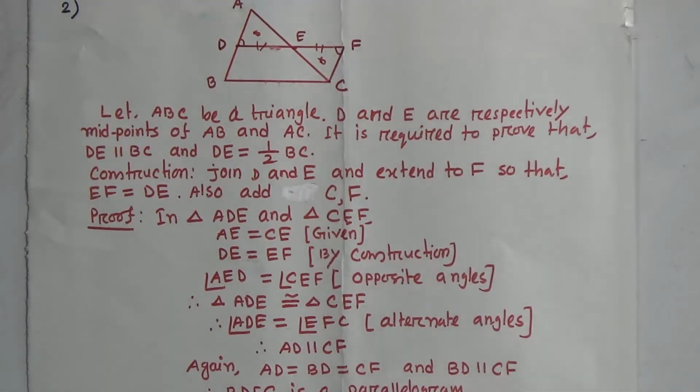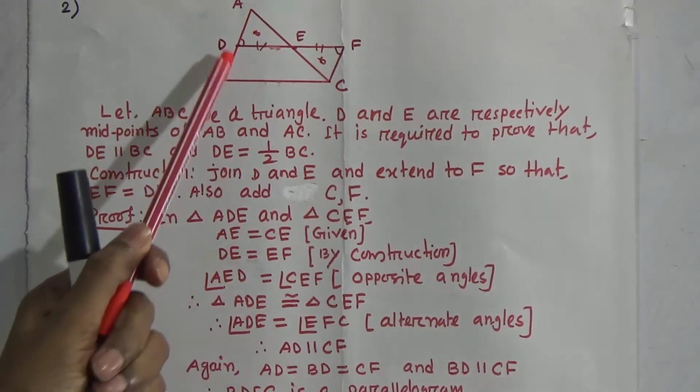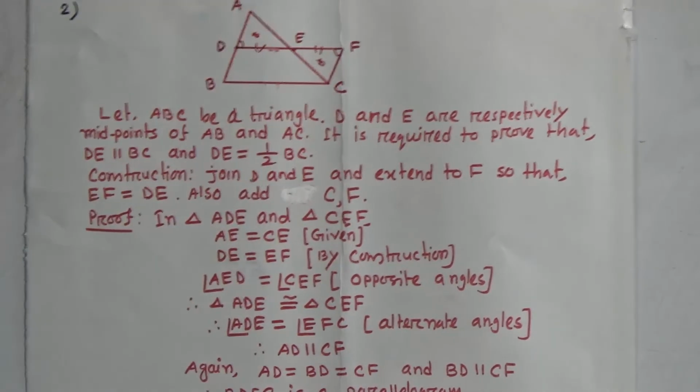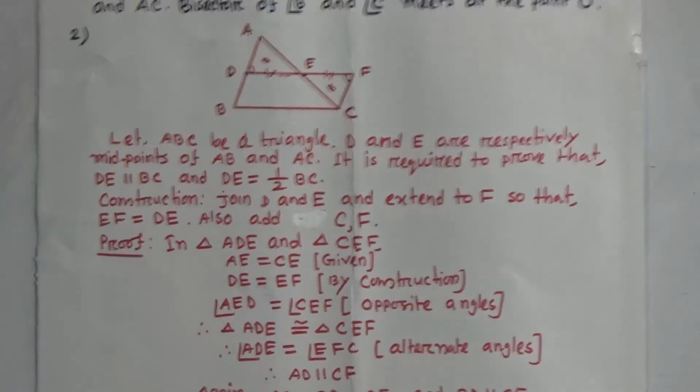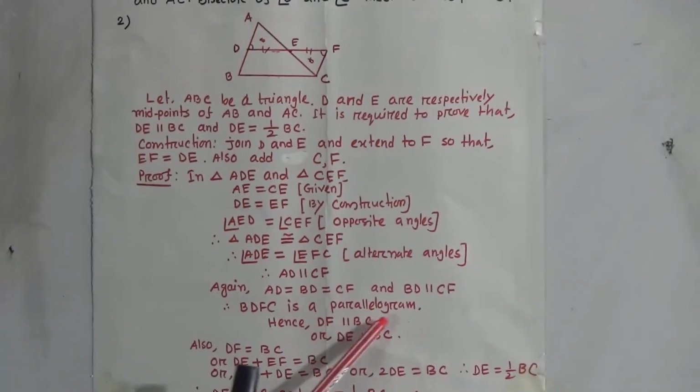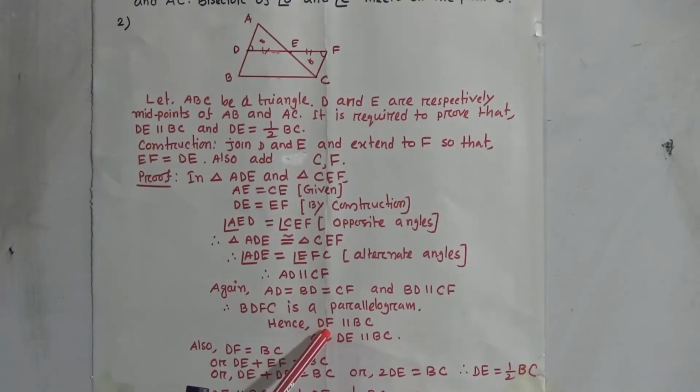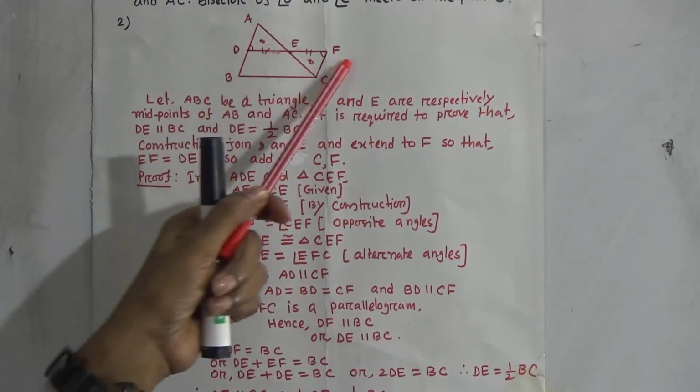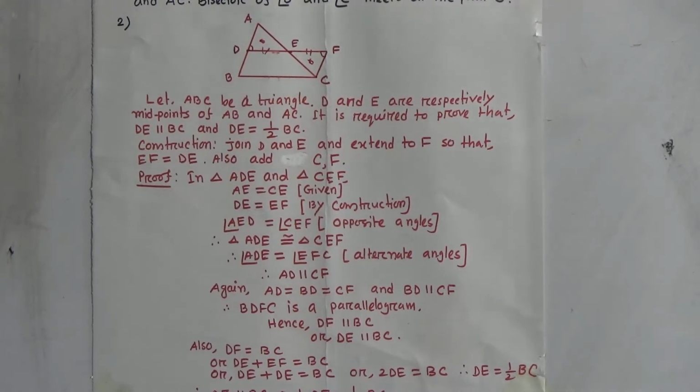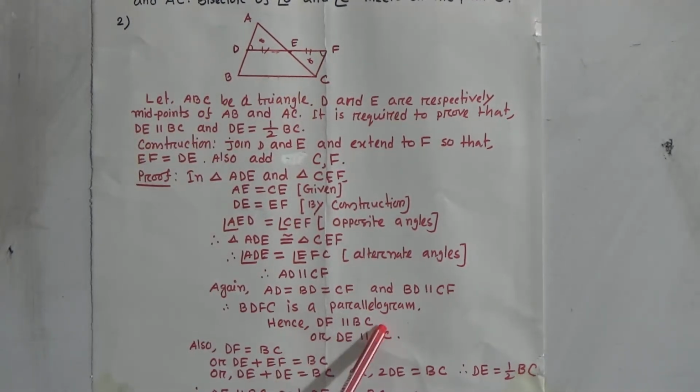BDFC is a parallelogram. Hence, we can say DF parallel BC. Okay? Student, here look, DF parallel BC.